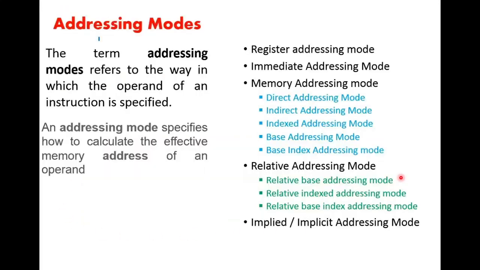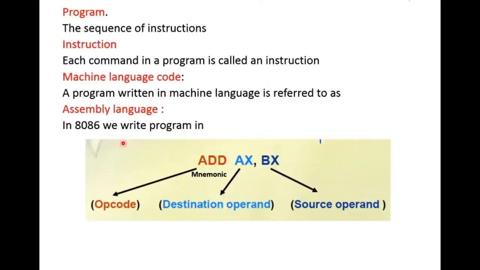Now we'll see addressing modes. Addressing mode refers to the way we specify the operand in an instruction. In this instruction, how are you specifying your operands? Here we are specifying the operands with register names.